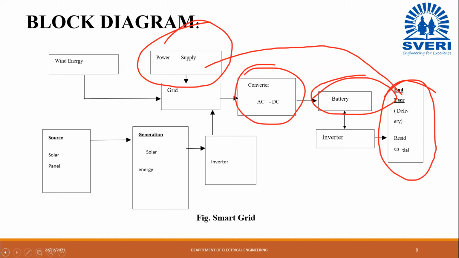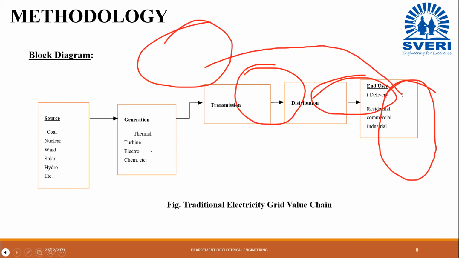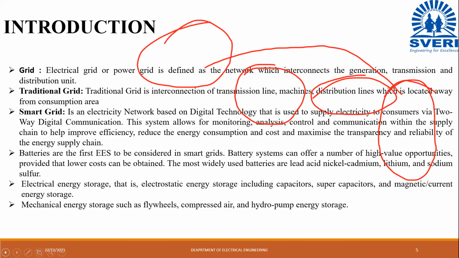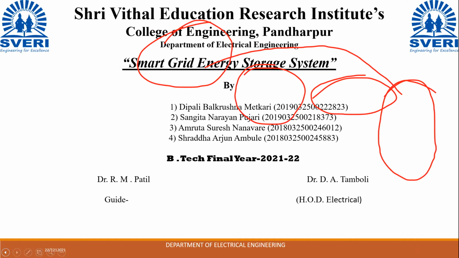Now come to the first page, the title of your project. Your title is Smart Grid Energy Storage System, and you are managing nodes with the help of a battery.